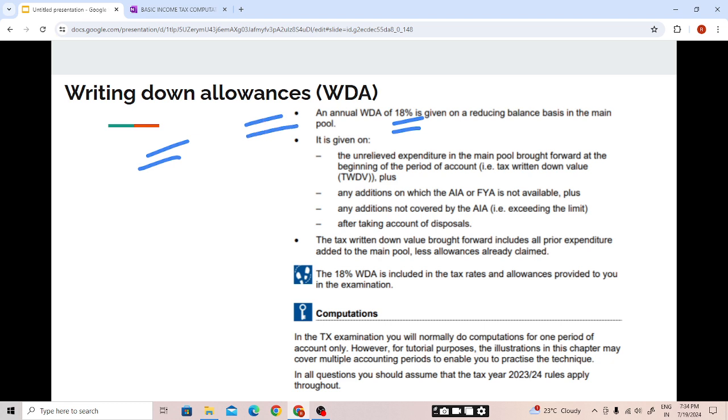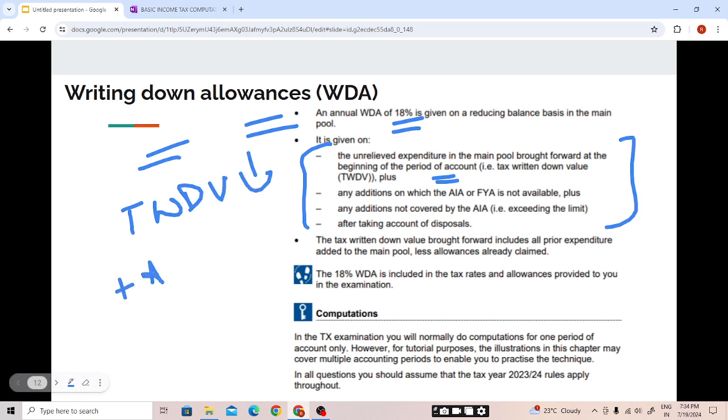The written down allowances is calculated on the amount after doing these four adjustments. That is, the unrelieved expenditure in the main pool brought forward at the beginning of the period of accounts, that is tax written down value brought forward, plus additions which qualify for AIA or FIA but exceed the limit.